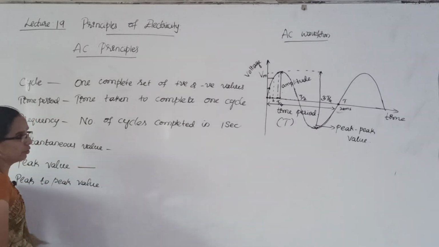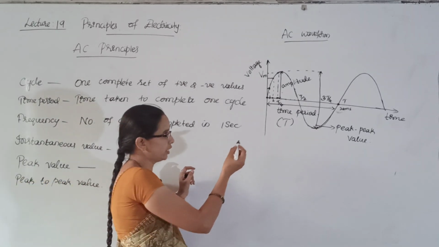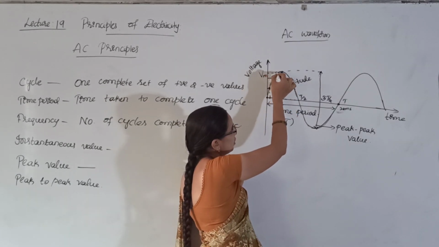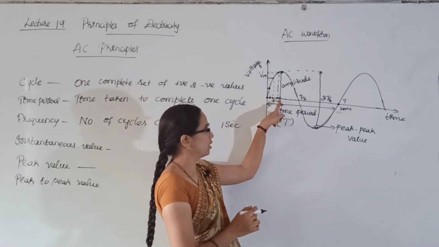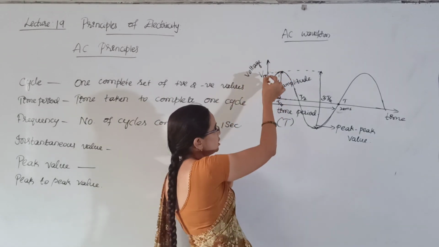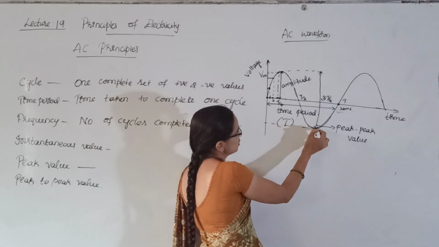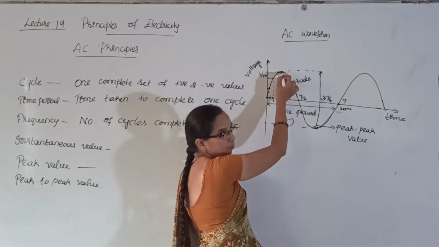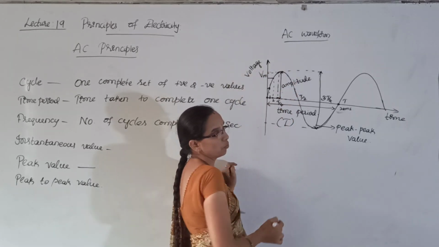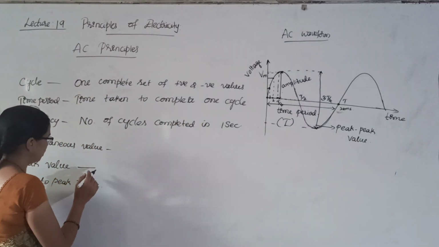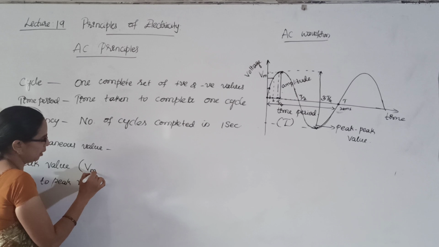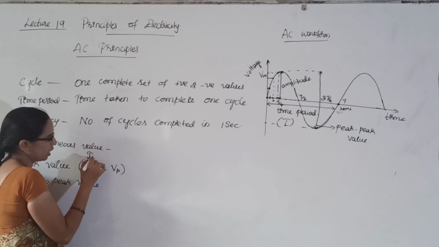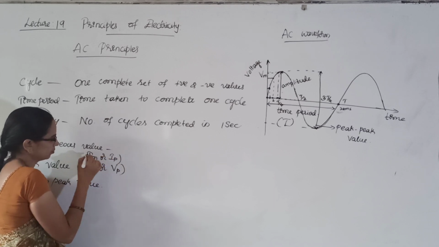And the next one is peak value. Peak value is the highest value reached by the AC voltage or current. That is the positive peak, and this is the negative peak. Peak value is from the zero line to Vm, the maximum value reached by the AC voltage or current, and that is represented by Vm or Vp, the peak value, or in case of current, Im or Ip.